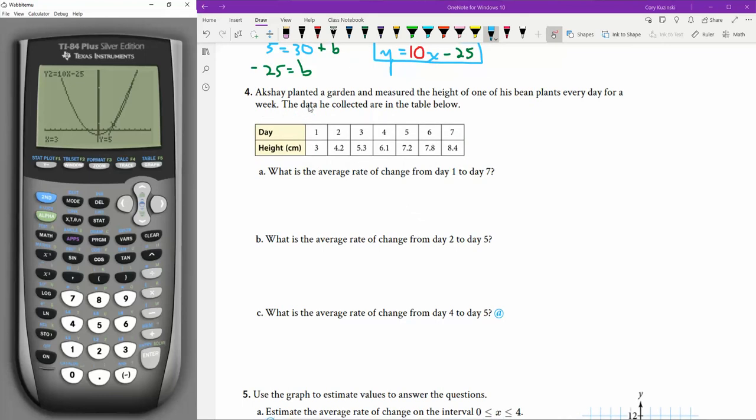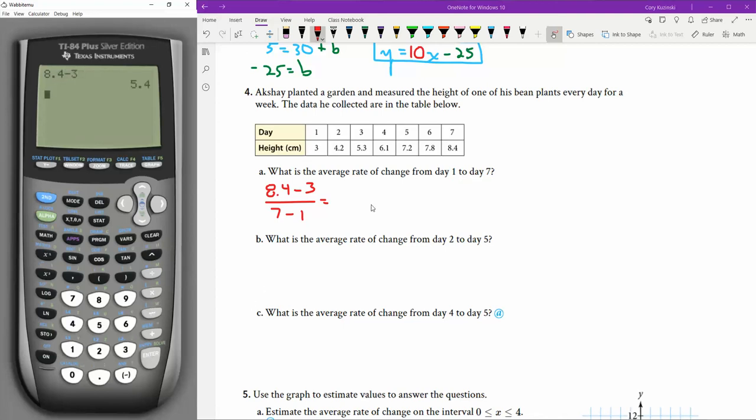Akshay planted a garden and measured the height of one of his bean plants every day for a week. The data he collected are shown in the table. What's the rate of change from day 1 to day 7? Okay, I mean, just slope again. Okay, so day 7, 8.4. Day 1, 3 was the height, so 7 minus 1. 8.4 minus 3.1, or minus 3.